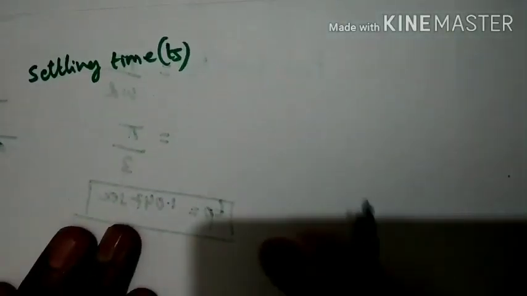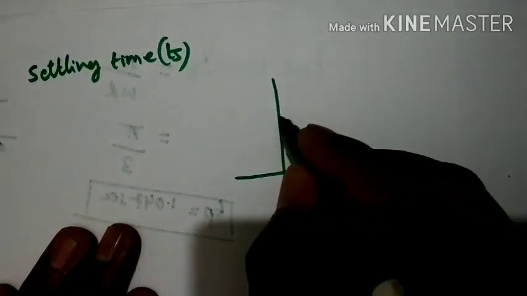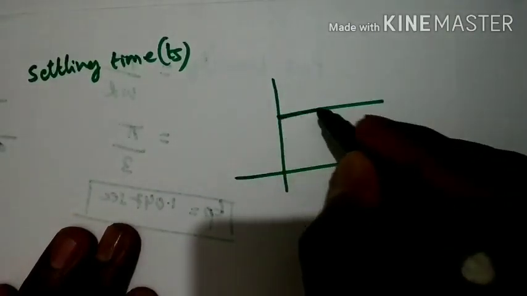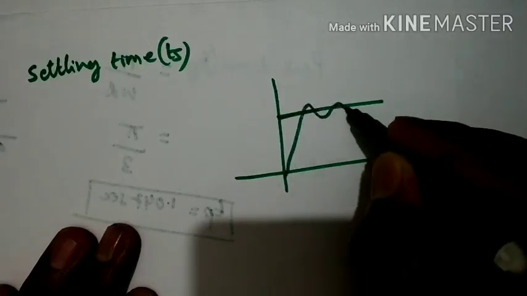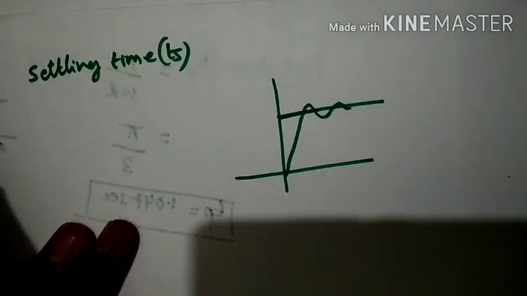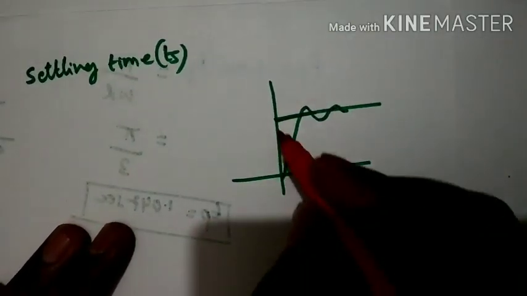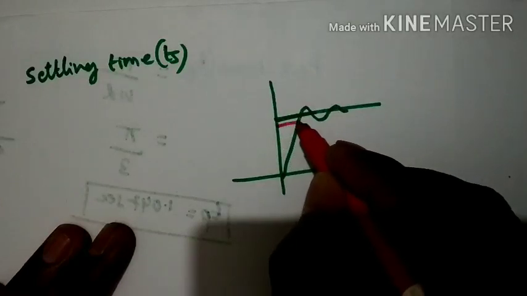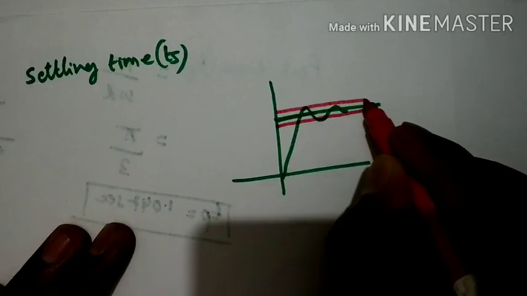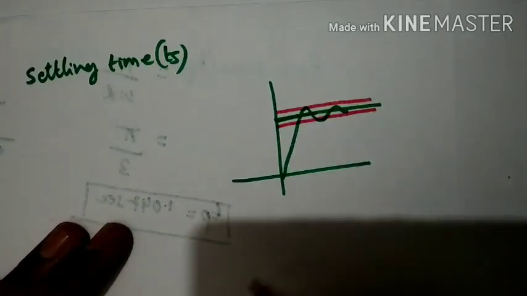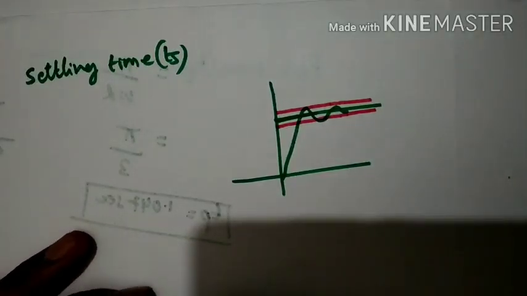When you take the graph, this is your input signal, and our output is tracking your input. I told you, the error is 2% or 5%. I'll take a fresh sheet and explain what this settling time is.